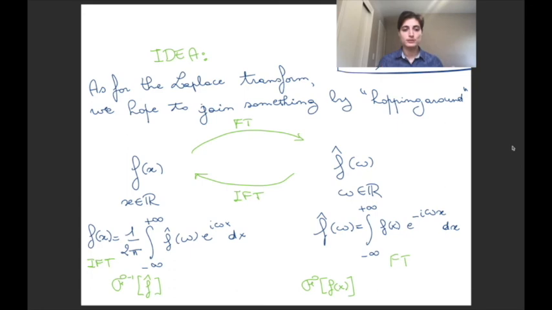And we have an explicit formula to go from f to f hat and from f hat to f that involves an infinite integral and a complex exponential. As we did for the Laplace transform, we have a compact notation that is just this calligraphic F of the function we're looking at, with -1 in case we're talking about the inverse Fourier transform.